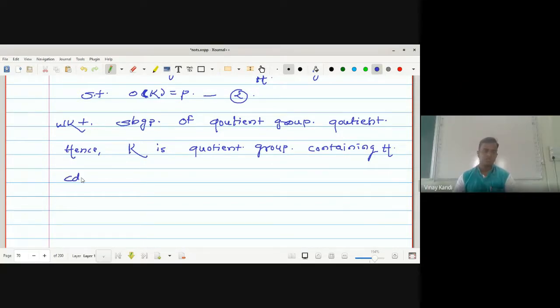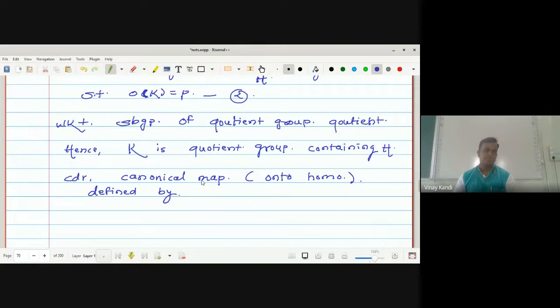Now consider one canonical map. What is the meaning of canonical map? That means the function which is an onto homomorphism. Any function which is an onto homomorphism, we call it a canonical map. Okay, defined by.